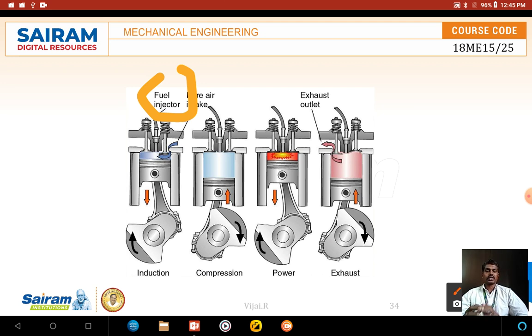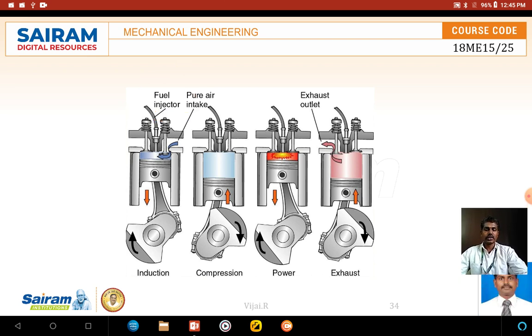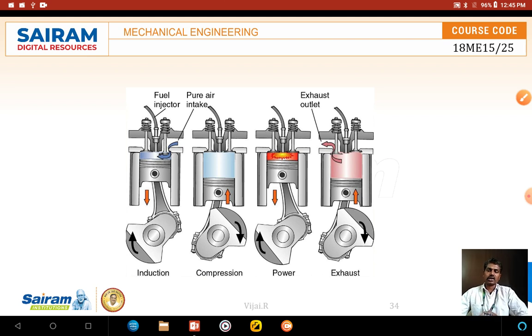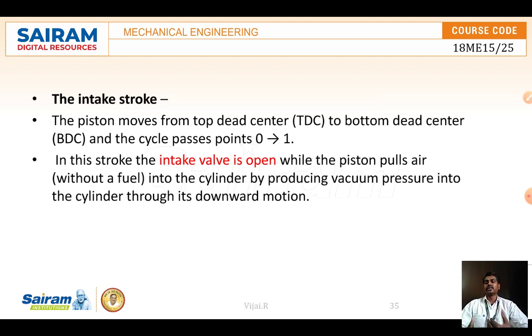That is the charge here. What we take during the suction stroke is only air. Pure air is the intake here. This is called the intake stroke, or the suction stroke. The piston moves from TDC to BDC by movement from top to bottom. The intake valve is open, so pure air gets into the cylinder. This is the first one, which is called the suction stroke.